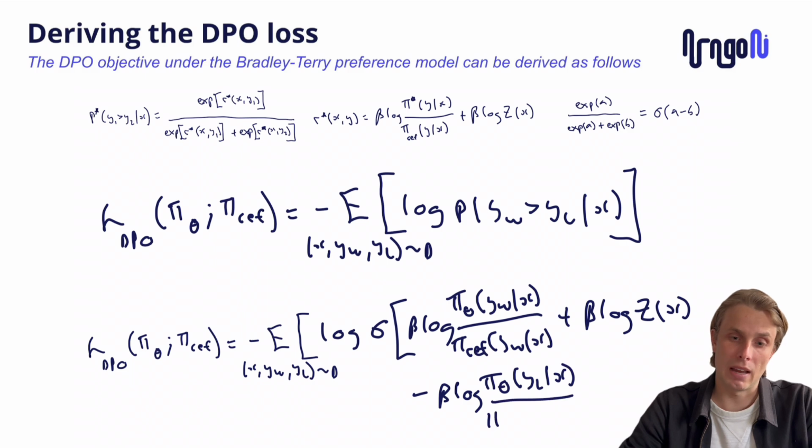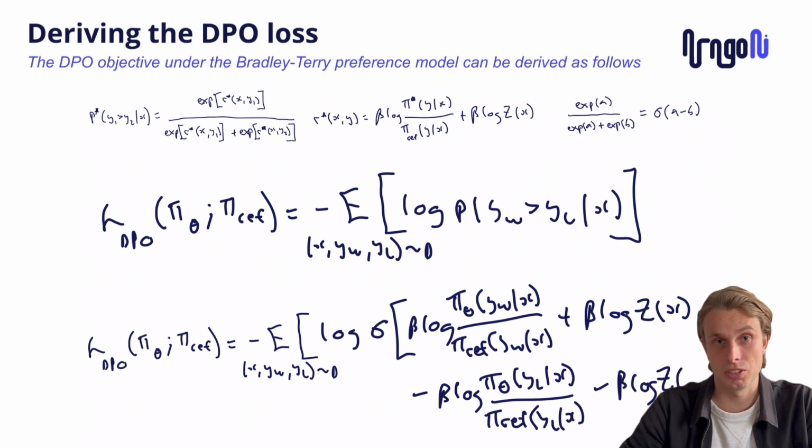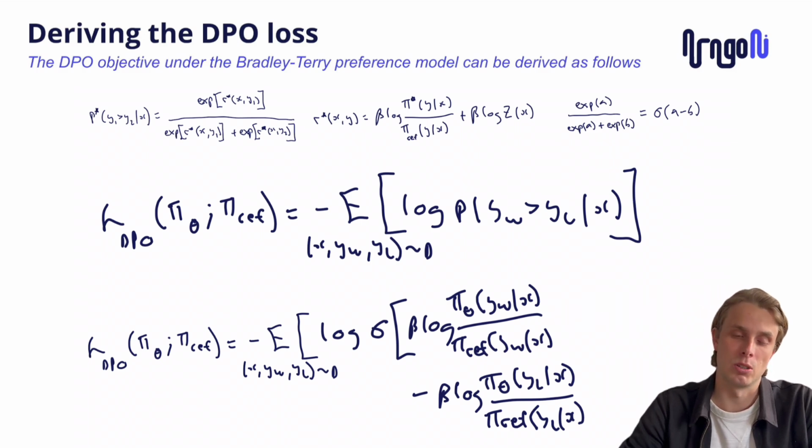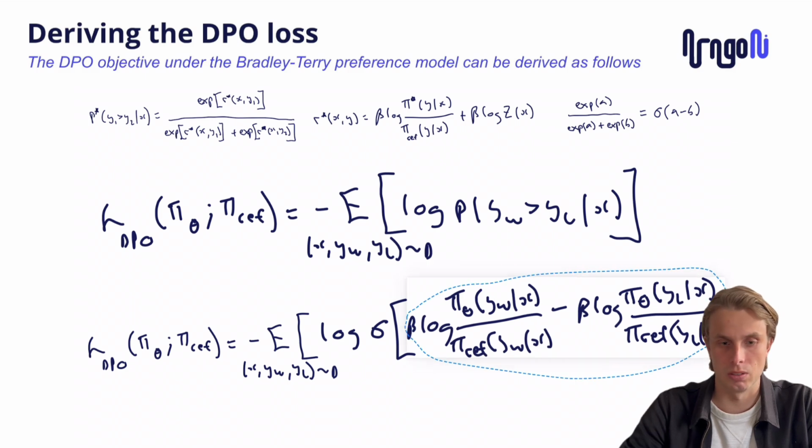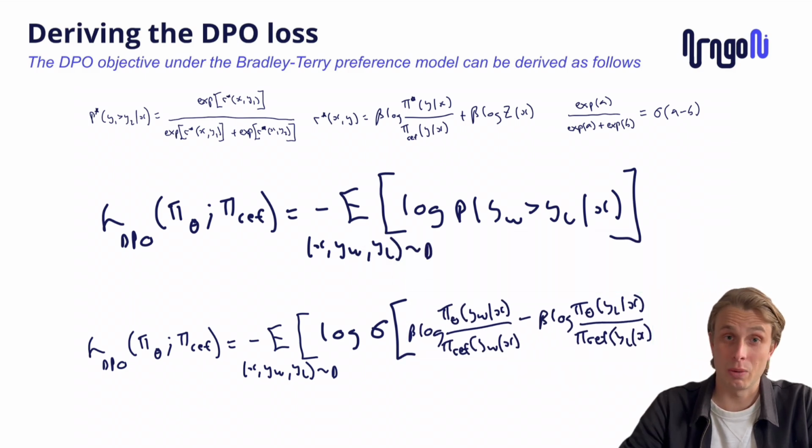You see we also have this beta term, which includes Z of X. Z of X is just a partition function. I haven't spoken about it much because, as you can see right here, they actually cancel out. So it's not important from our perspective, which is just understanding this loss function for the DPO loss. So we have the primary bones of it here. Let's rearrange and clean up the page a little bit.